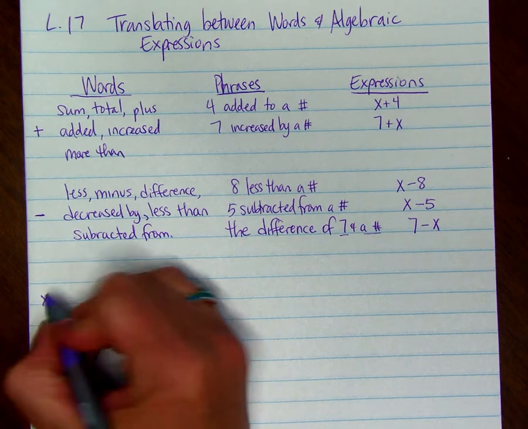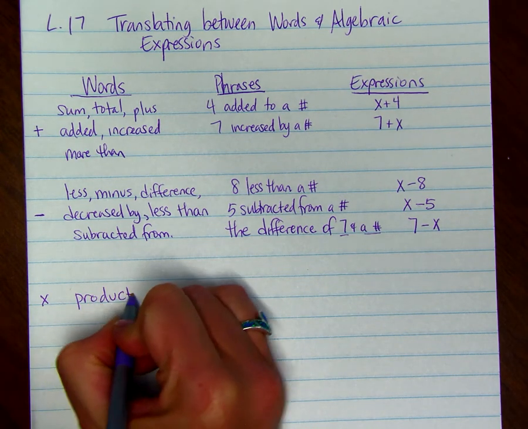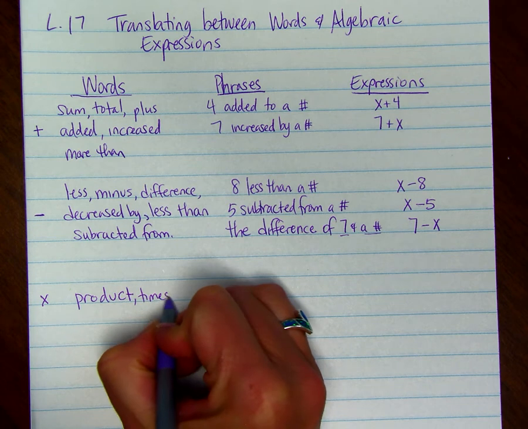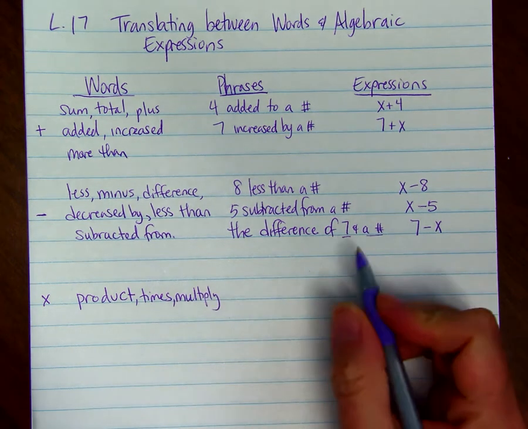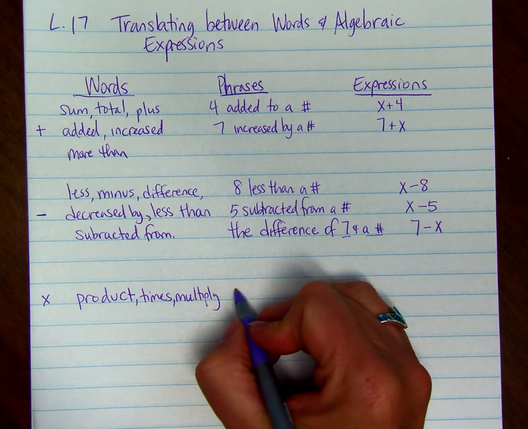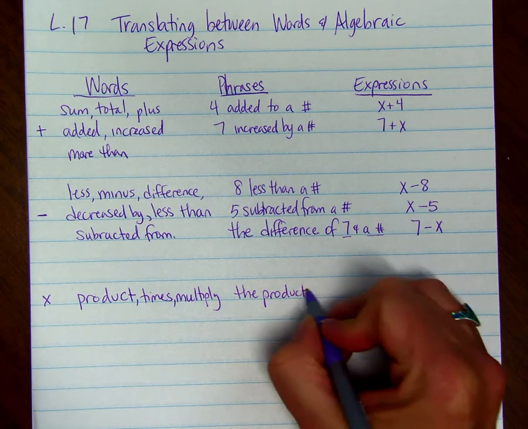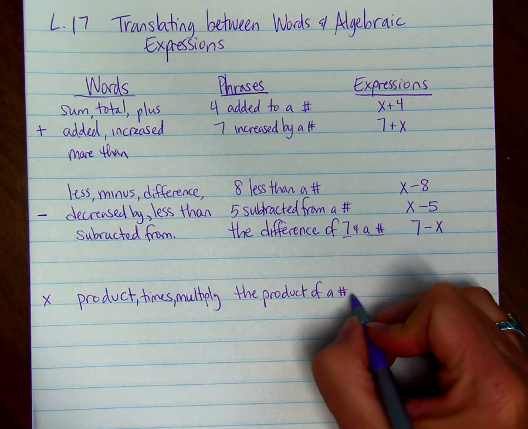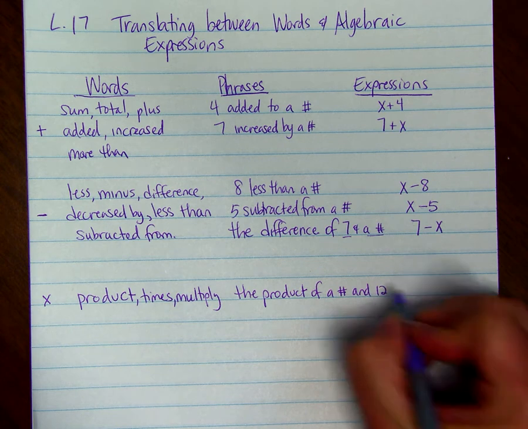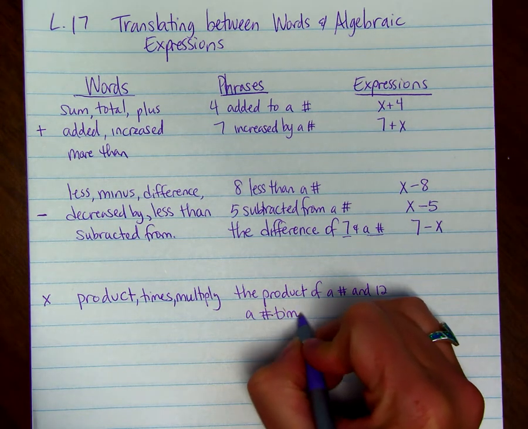For multiply, we have the words product, times, multiply. Those are just some of them. Here's a couple of examples of phrases: the product of a number and 12, a number times 3.